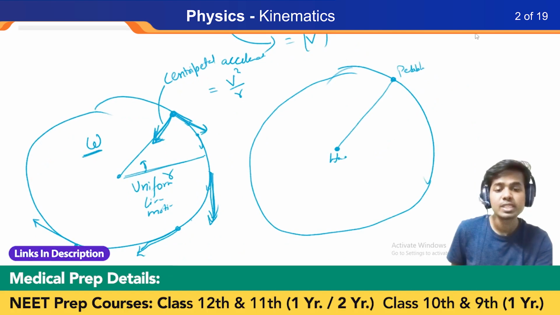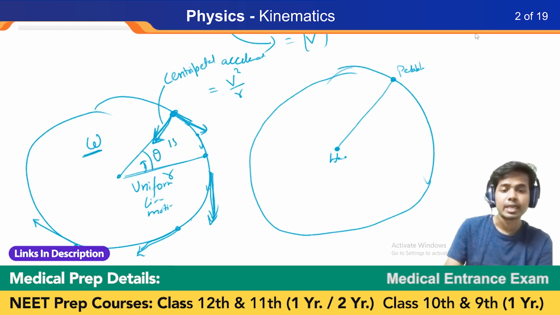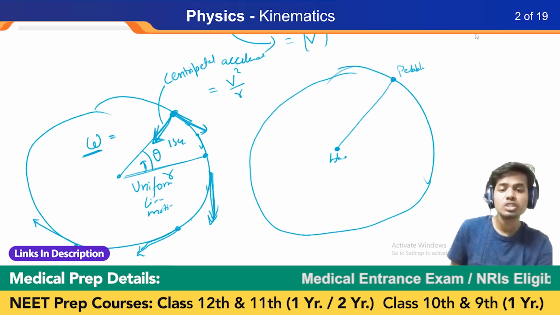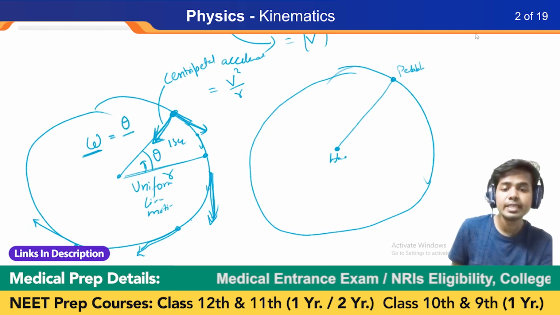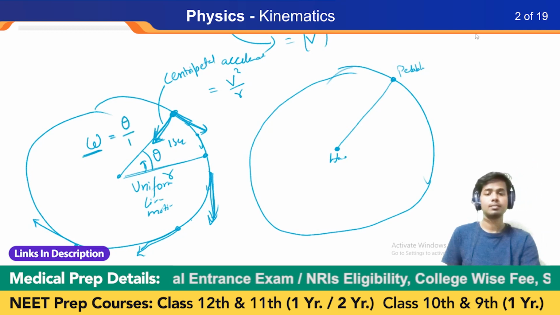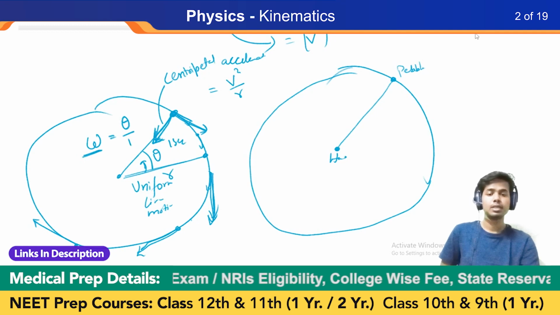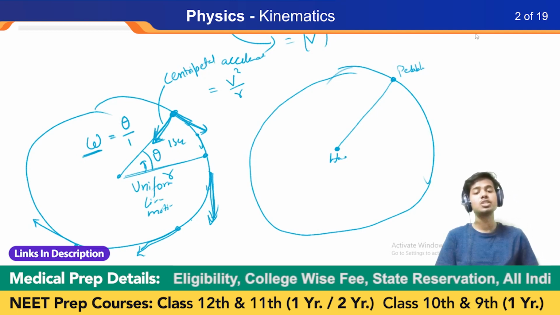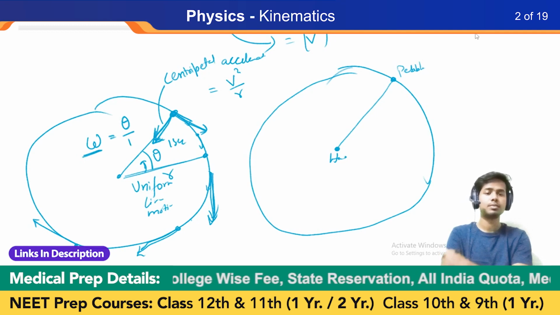For example, it was here, and after some point it covered angle theta in 1 second. So angular velocity will be equal to theta radians by 1 second. I hope you are getting it. From the distance, we are just talking in terms of angle.